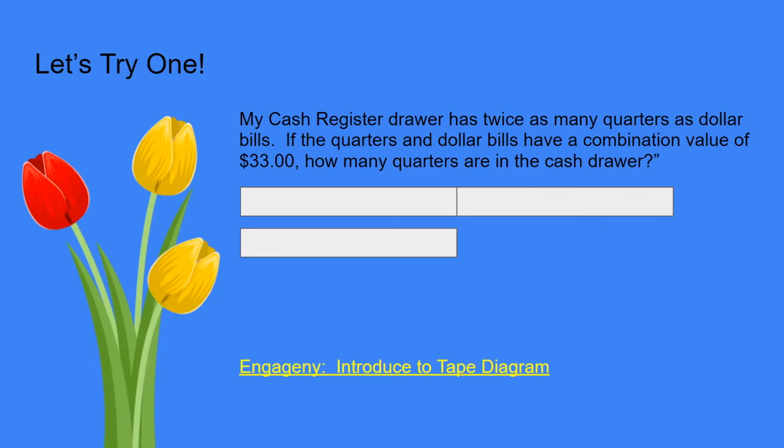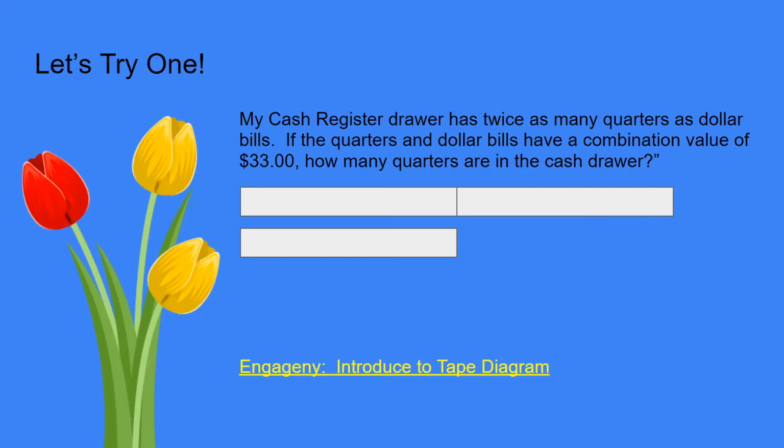What else do we know based on our problem? It has to be $33. What do we know about a quarter? It's 25 cents. How many does it take to make a dollar? 4 of them. So I might have 4 quarters to make the same amount as a dollar. But there has to be twice as many quarters as there are dollars. So I know a dollar is worth how much?